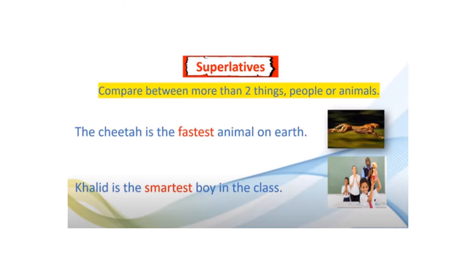Again, one more time, we use superlatives to compare more than 2 things, people, or animals. Look at picture number 1. The cheetah is the fastest animal on the earth. Khalid is the smartest boy in the class.